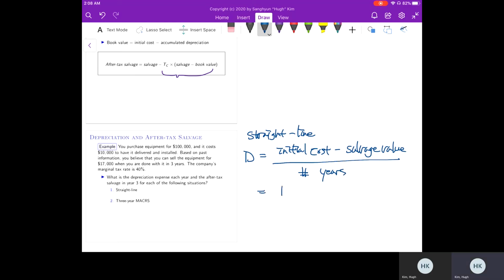The initial cost is $110,000 minus the salvage value. The salvage value is the before-tax salvage value, $17,000, divided by 3 years, which is the project life. Then you're going to get $31,000. So the depreciation expense will be $31,000 each year.